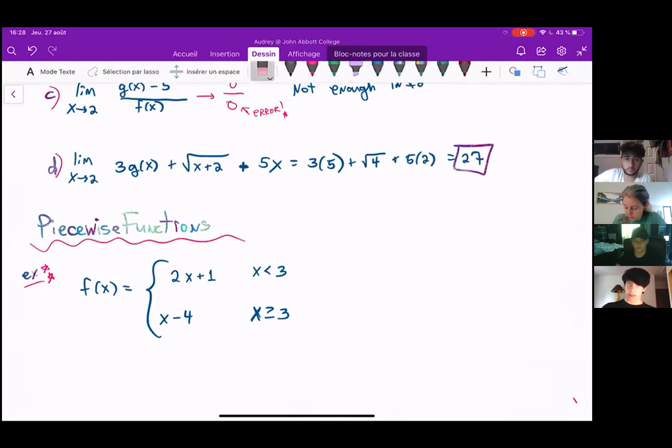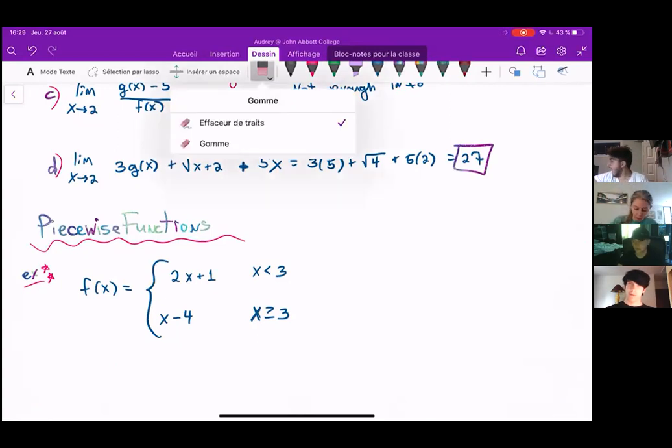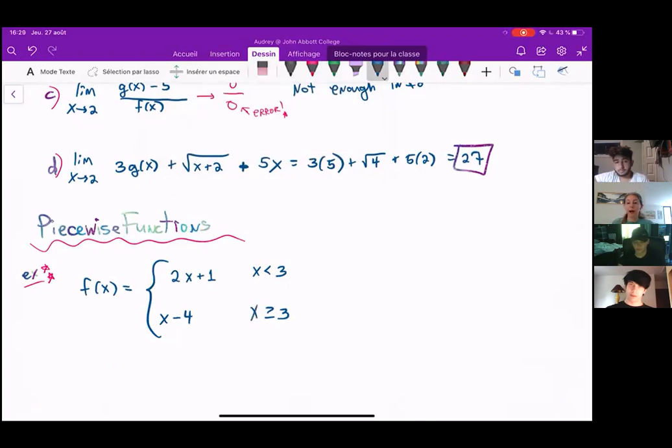So this is my piecewise function. We're saying that f of x is equal to 2x plus 1 for all x values that are less than 3, and f of x is equal to x minus 4 for all x values that are bigger than or equal to 3. So I'm going to start off by graphing this thing.